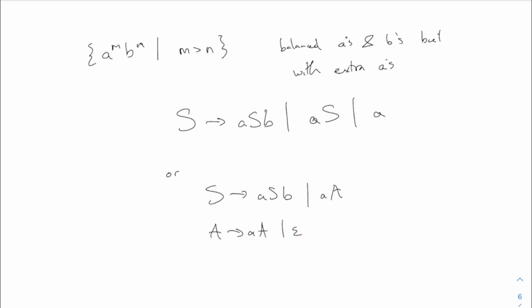The way that I think this through is I can go S goes to ASB as many times as I want. This will create balanced A's and B's. And then at some point, I just switch to this one. And then this one will create extra A's if you want. So this sort of segregates into two stages. First of all, I'm making A's balanced with B's. And then at some point, you switch over to making extra A's here.